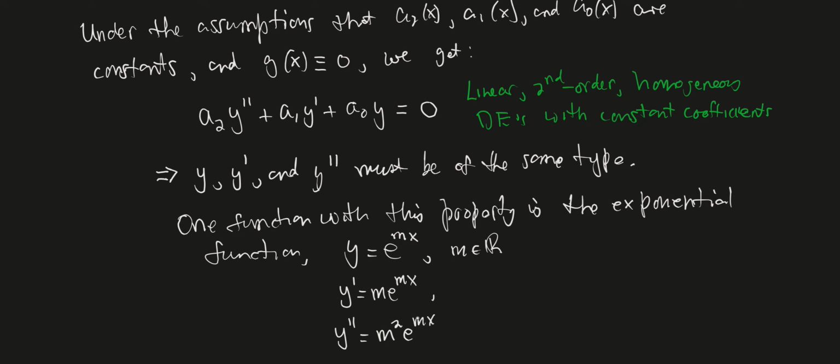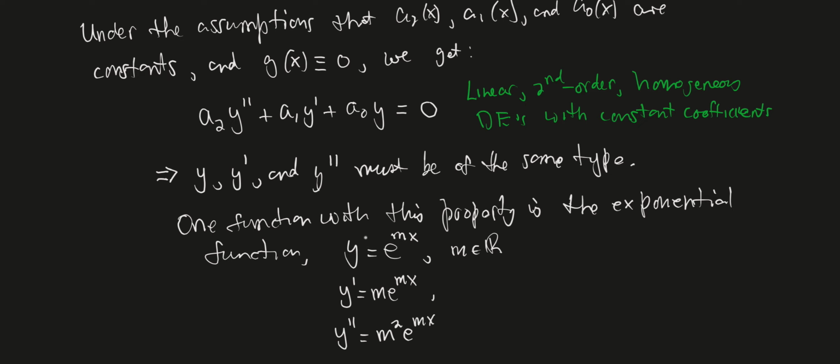Again, it's the same type of function. No matter how many times I differentiate my e to the mx, I'll still have e to the mx times some constant, right? So it is plausible to think that this type of function could satisfy this differential equation, right?